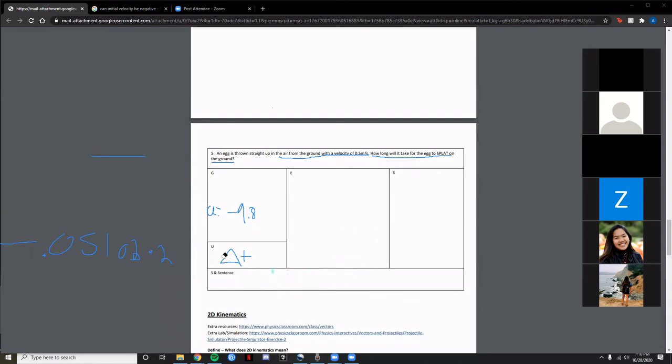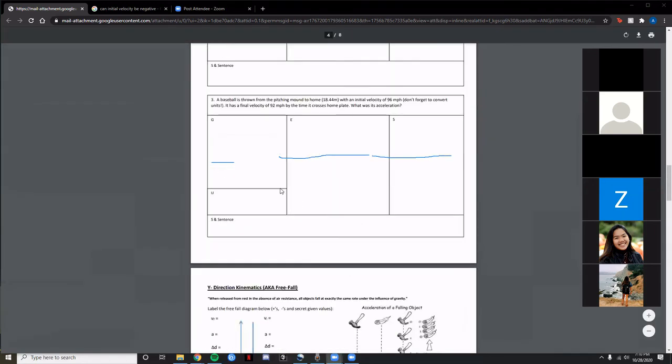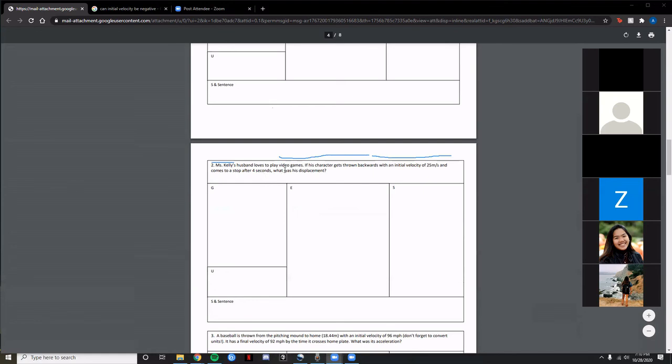For number 2, did we ever determine if initial velocity would have been negative or positive, or is that still up in the air? Initial velocity was 25. Acceleration was negative because he comes to a stop. So we leave it at positive, I'm assuming. Okay, great.